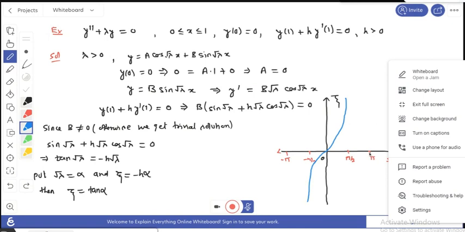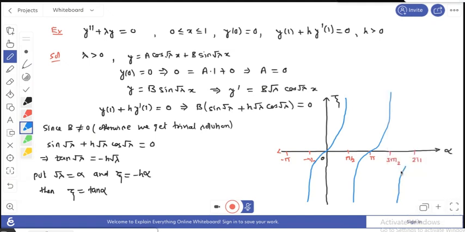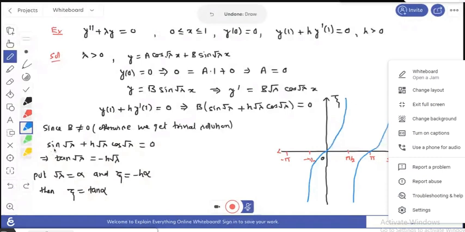So this is the graph of tan alpha. Is it tan of xi? Is it tan of alpha? This is your angle alpha. So this is tan alpha.